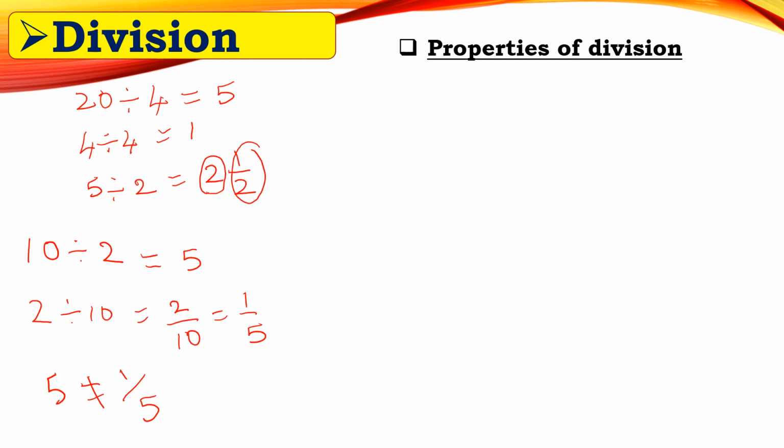How about the associative property? 1000 divided by 100 divided by 10. How much is this? What is 1000 divided by 100? You get 10. 10 divided by 10 is equal to 1.